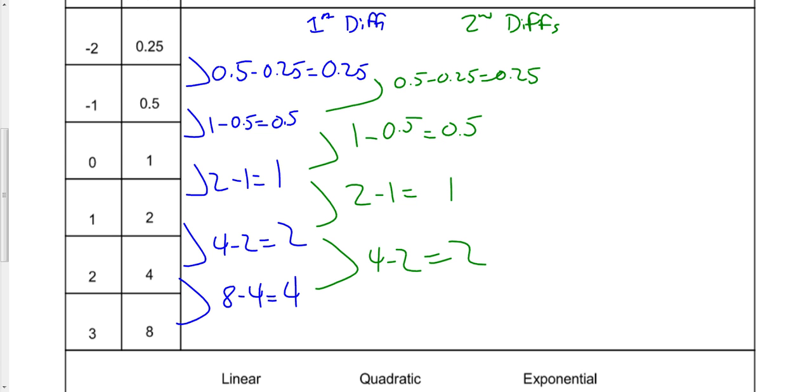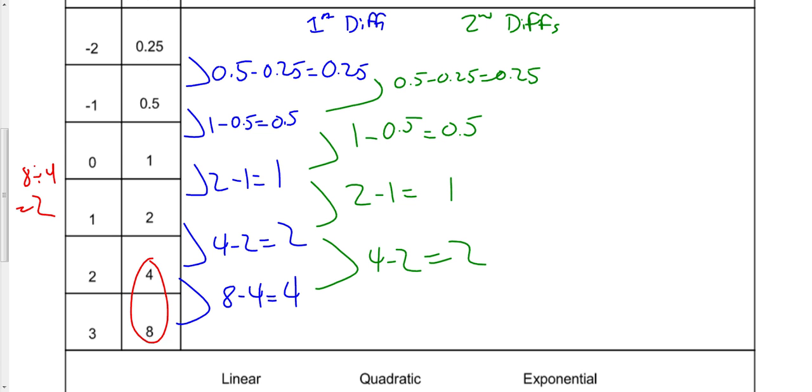Okay, what's the connection between 8 and 4? Well, 8 divided by 4 is equal to 2. 4 divided by 2 is equal to 2. 2 divided by 1 is equal to 2. 1 divided by 0.5 is equal to 2, and so forth.